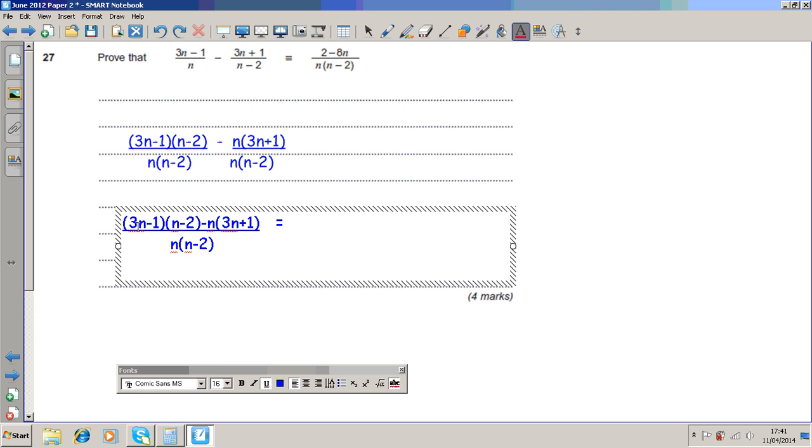Now if I expand this bracket out, 3n times n is 3n squared minus n minus 6n plus 2. And if I expand the other bracket out, then I've got 3n squared minus n. And that's all over n minus 2.